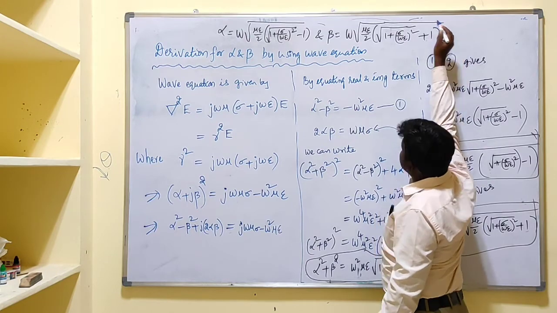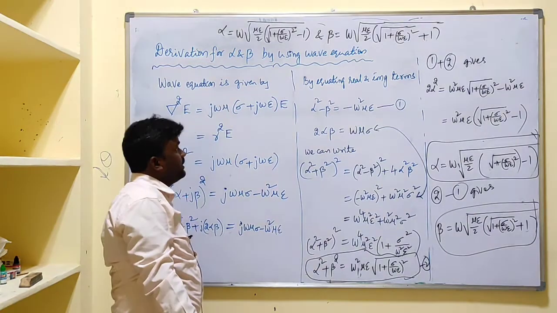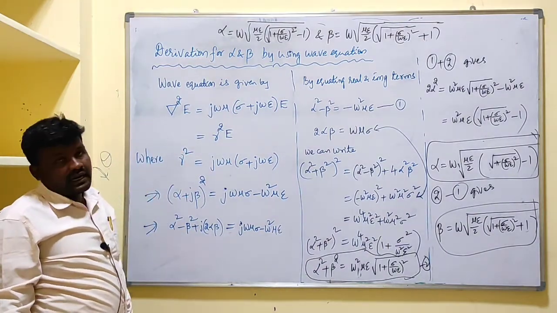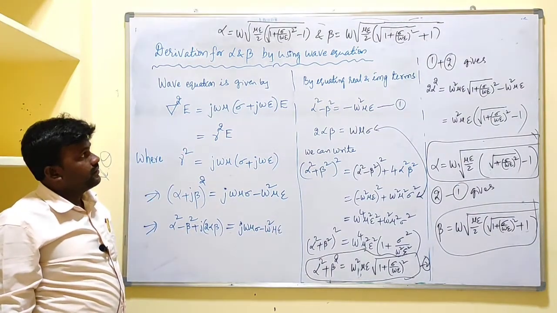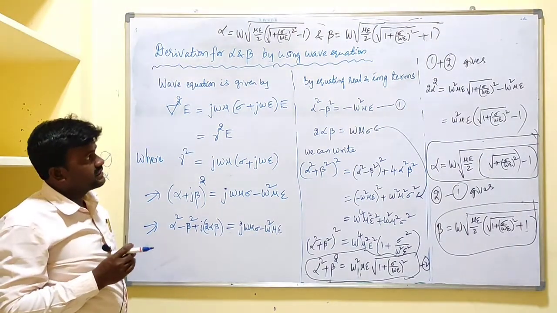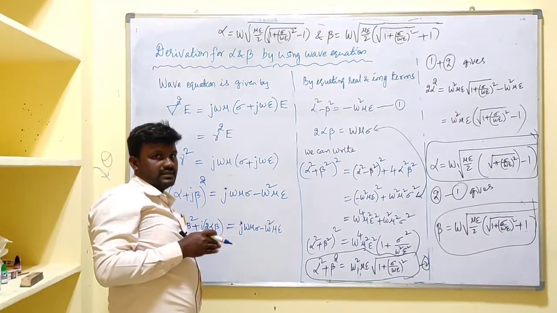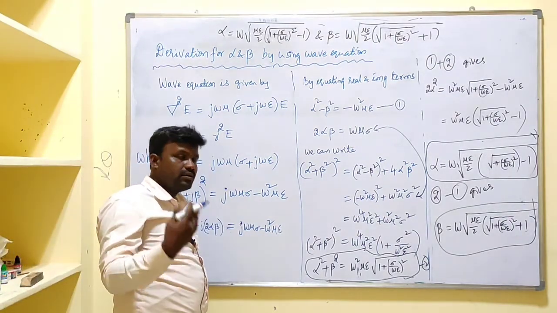So this is about the alpha and beta expressions. In the next class we will discuss the characteristics of waves in free space, good conductors and good dielectrics.